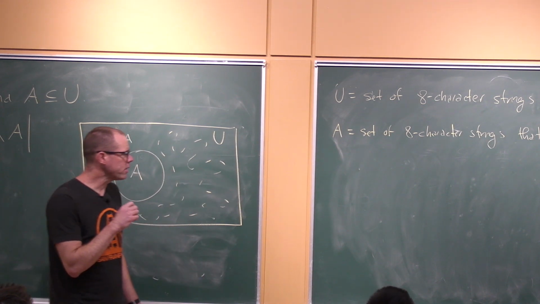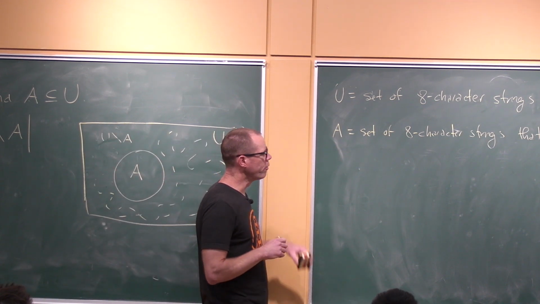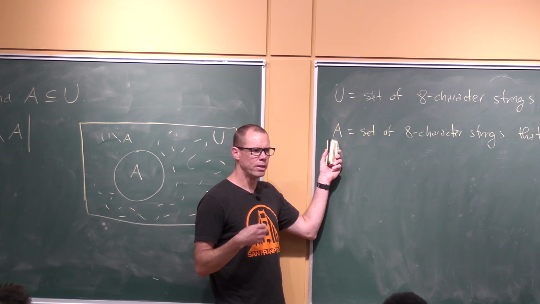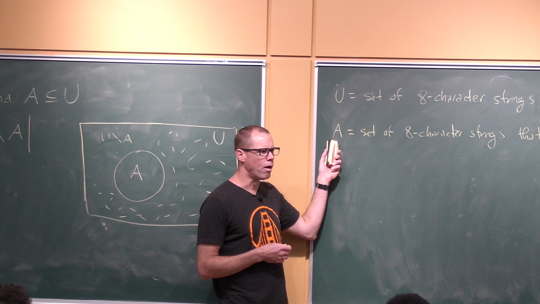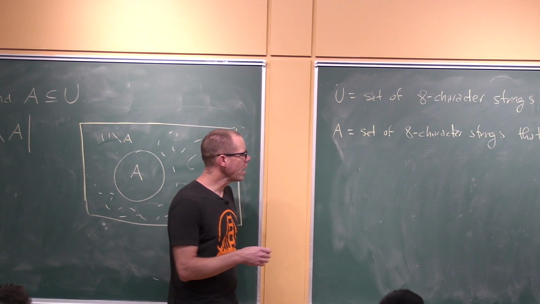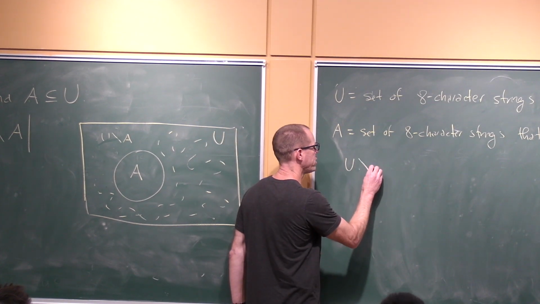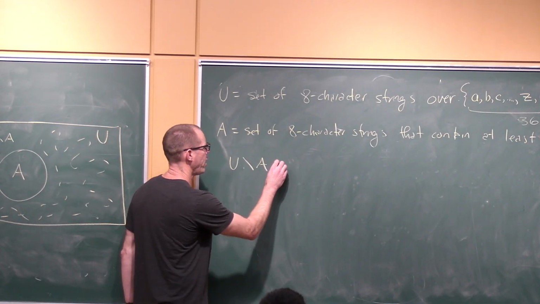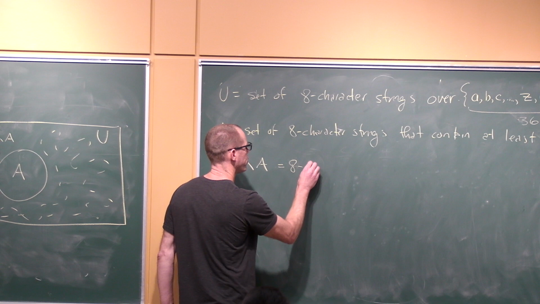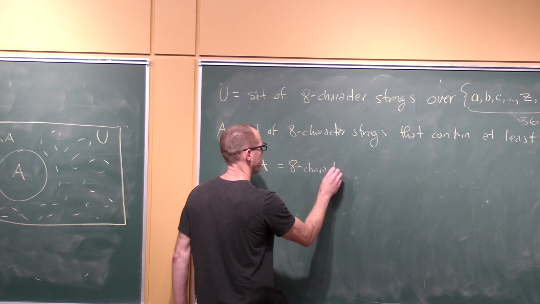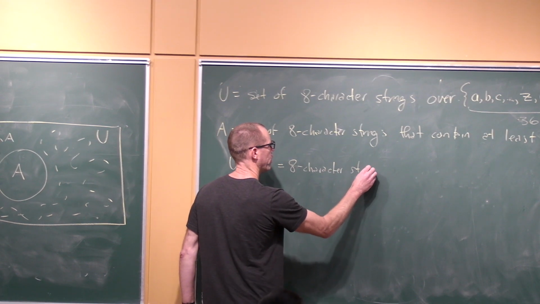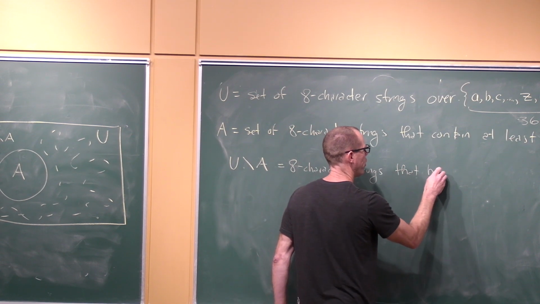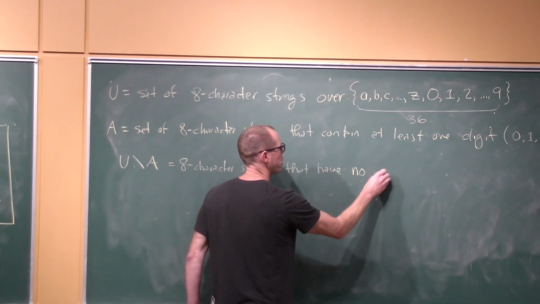The nice thing about the complement rule is, the set A seems to be sort of difficult to figure out the size of, but the set U minus A, what is that? Well, that is 8-character strings that have no digits.